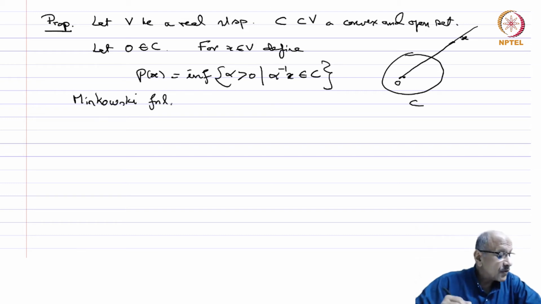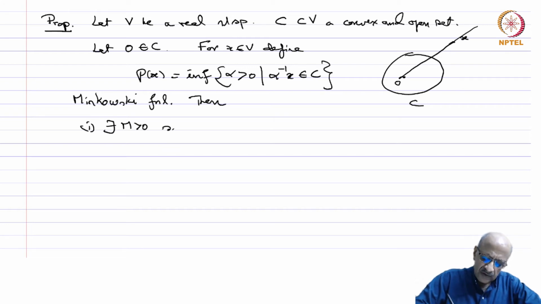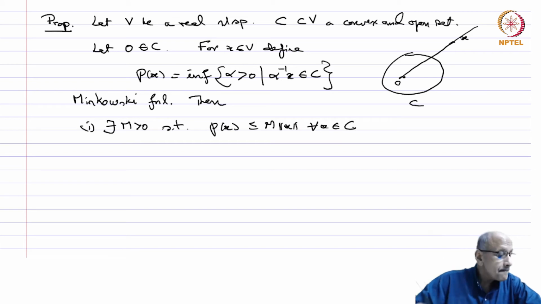Attached to C, of course. Okay. So then, 1: there exists an m greater than 0 such that Px is less than or equal to m times norm x for all x in V, sorry. And then of course, 0 is also, that is obvious.